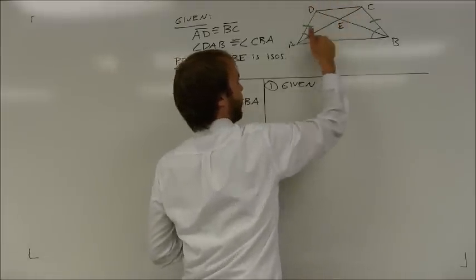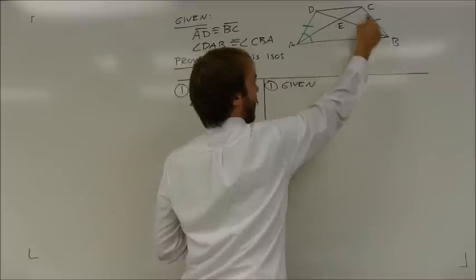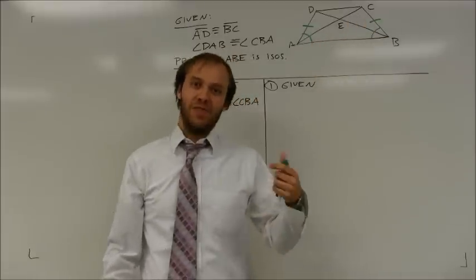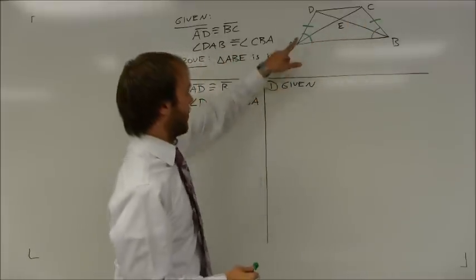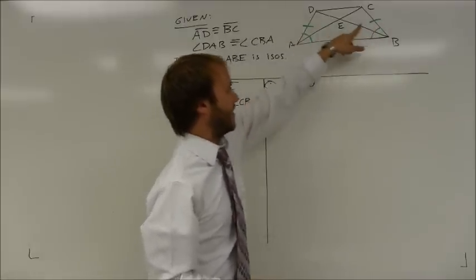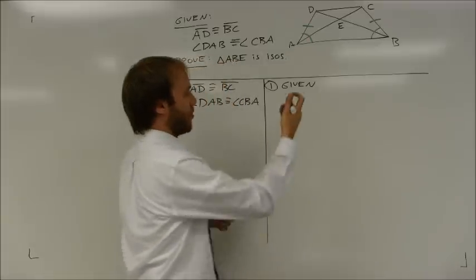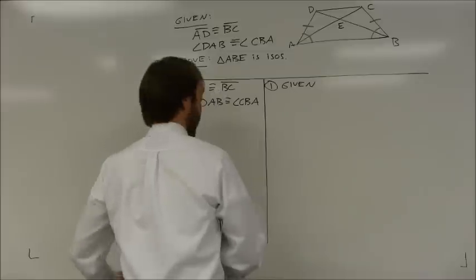I've got these two overlapping top triangles, and you can see that I also have two overlapping bottom triangles. And if you look at the given information, I was given an entire angle here, an entire angle here, a side here, a side here. I should be able to show these two overlapping triangles congruent.